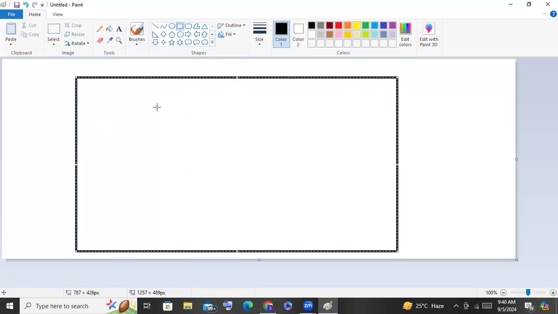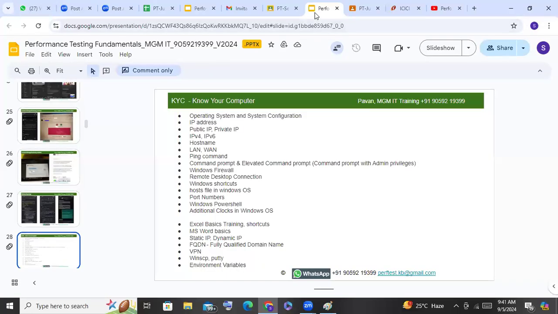What are the main components of your computer? Can somebody tell me? It's monitor, CPU.